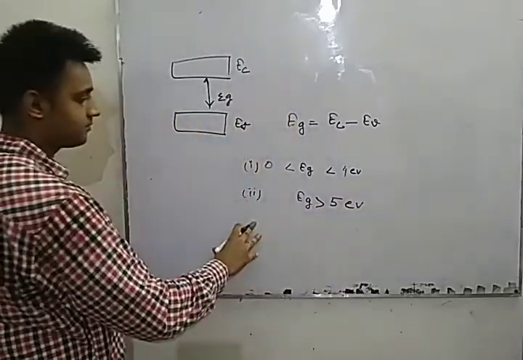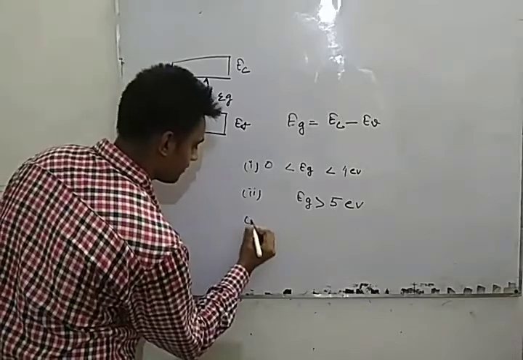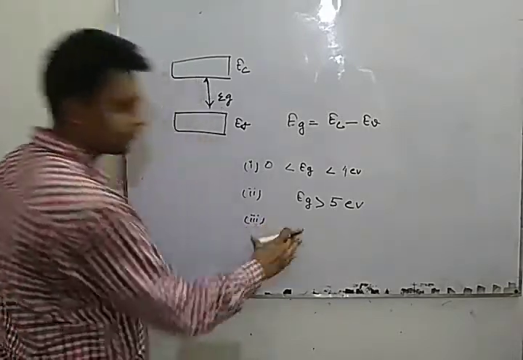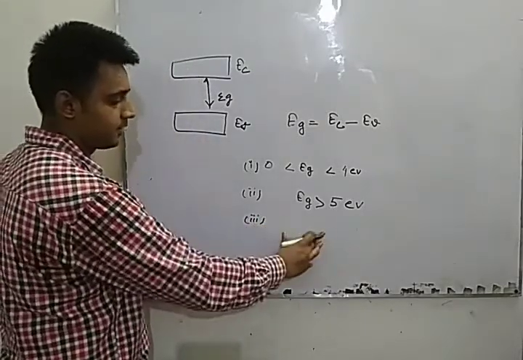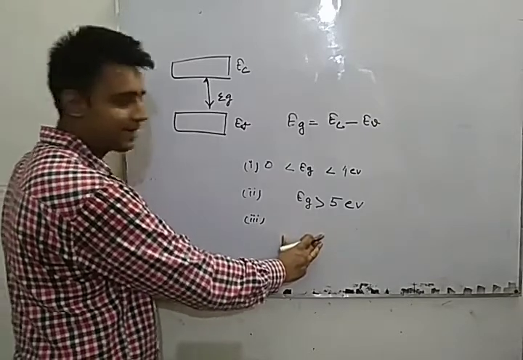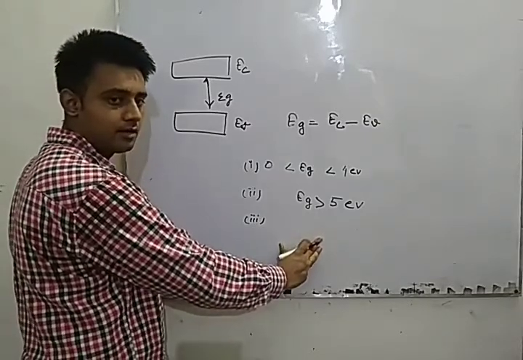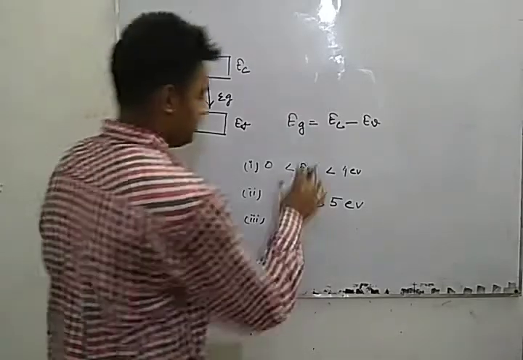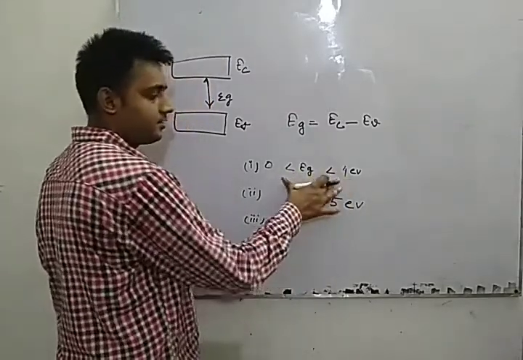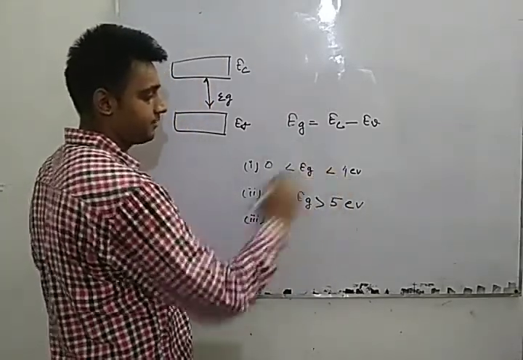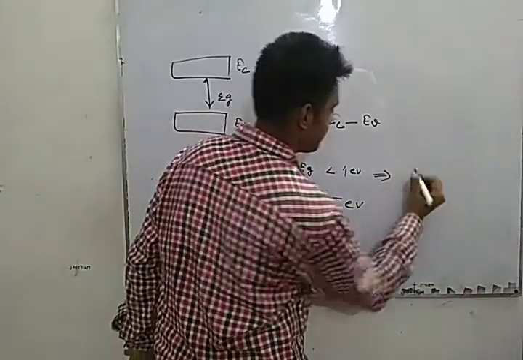And the third one, the condition of overlapping, comes under the metals, or you can say the conductors. If the value of Eg lies in this range of values, then we say it is a semiconductor.